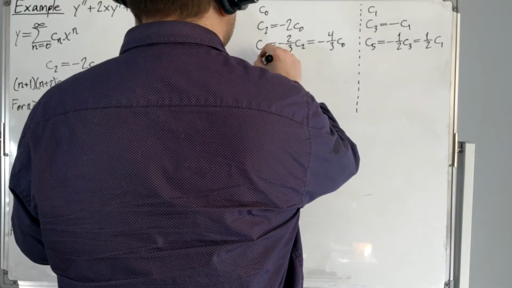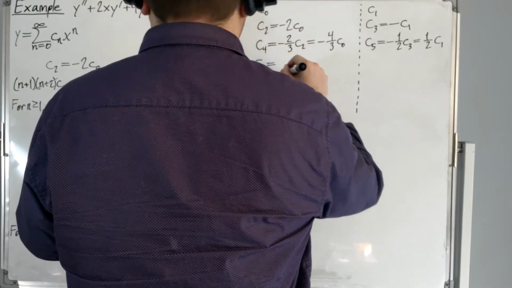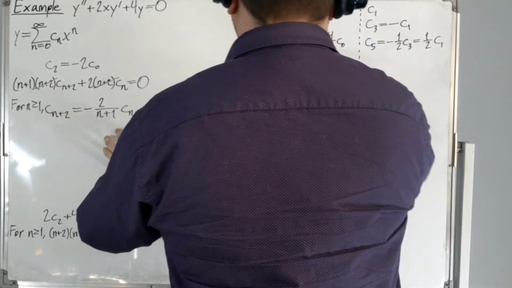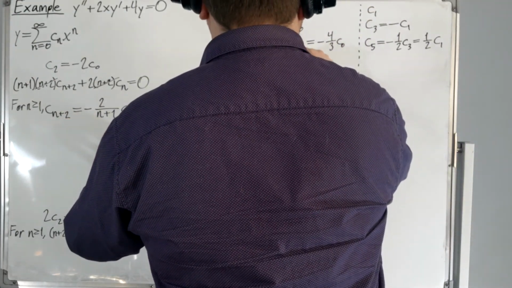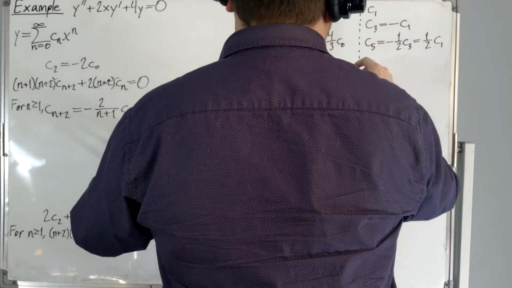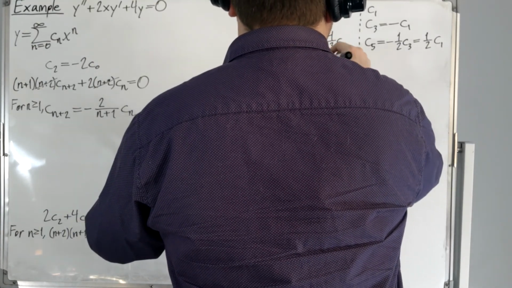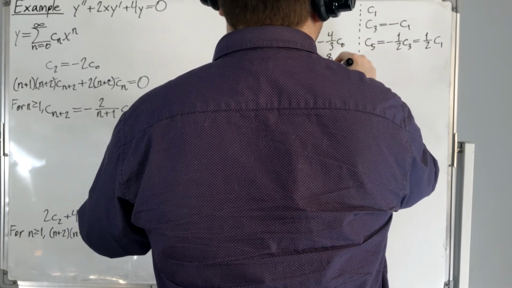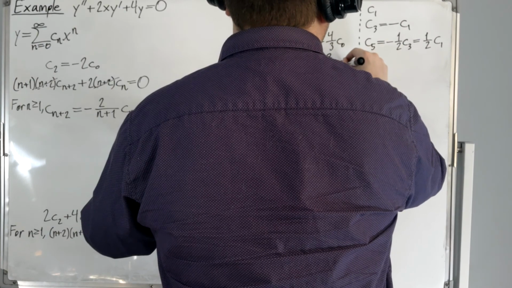C6 is going to be, when n equals 4 in this equation, negative 2/5 times C4, which is just going to be negative 8 over 15 times C0.